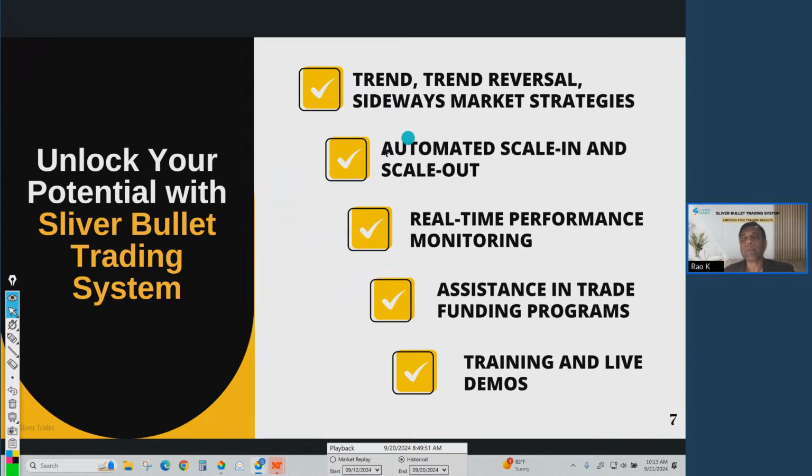So automatically it did it, and a loss-making position came out for profit because of this feature. So that's built in, and this feature wasn't there when we launched the software, but we added it later.